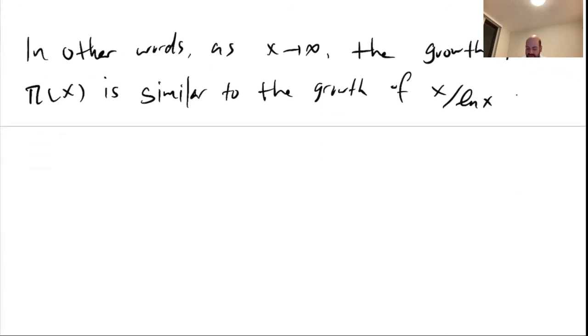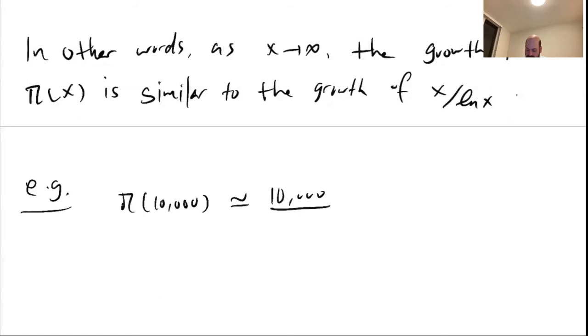Now let's look at the next topic. Okay, let me just keep the sentence that I said about 10,000. Pi of 10,000 is almost equal to 10,000 divided by ln 10,000, which is almost equal to 1,085.